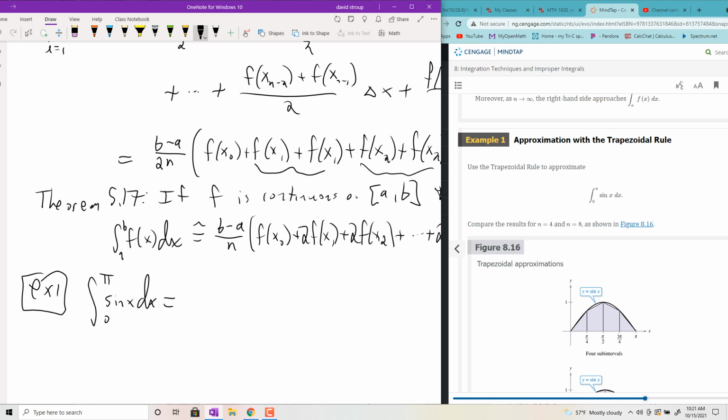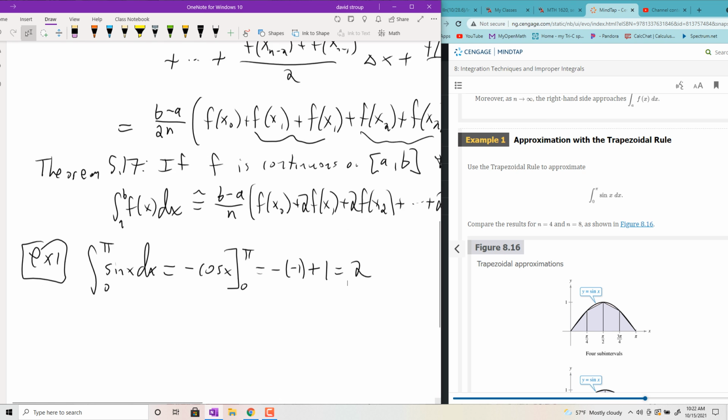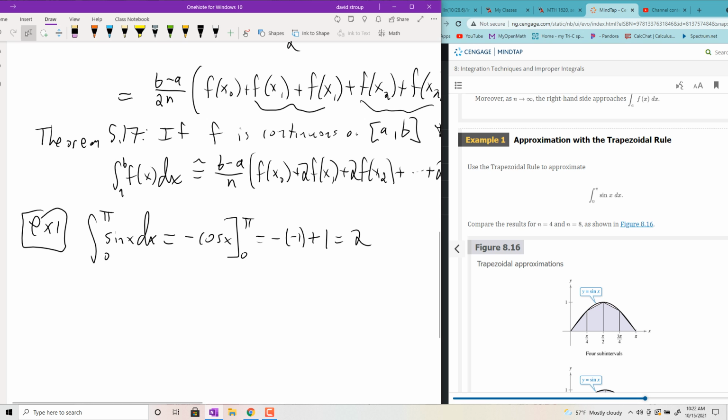I can figure that out: it's negative cosine x from 0 to pi, which is negative cosine of pi, which is negative negative 1, minus negative cosine of 0, so that would be plus cosine of 0, which is 1. So my answer should be approximately 2 when I do my trapezoid. They'll tell you how many rectangles they want.